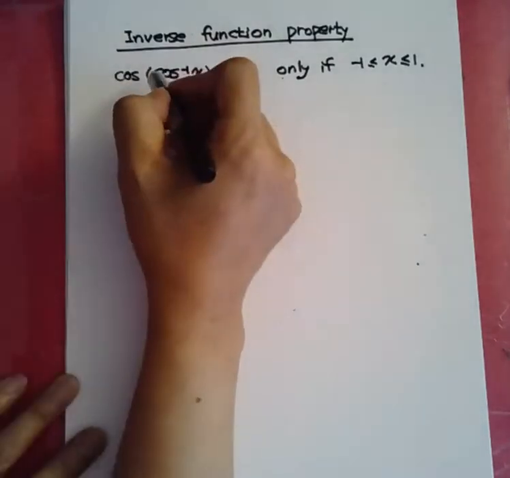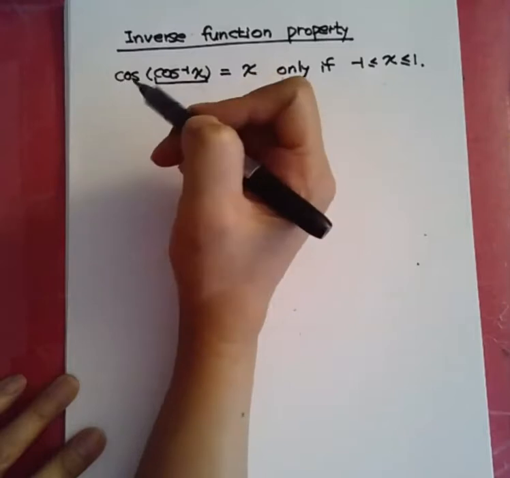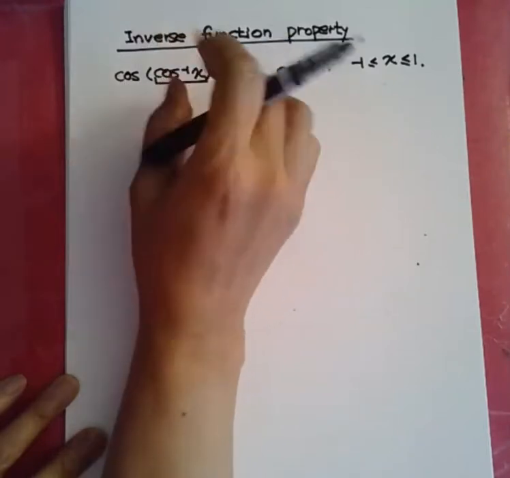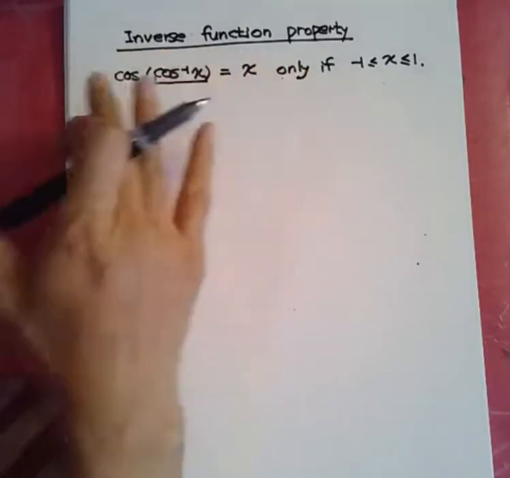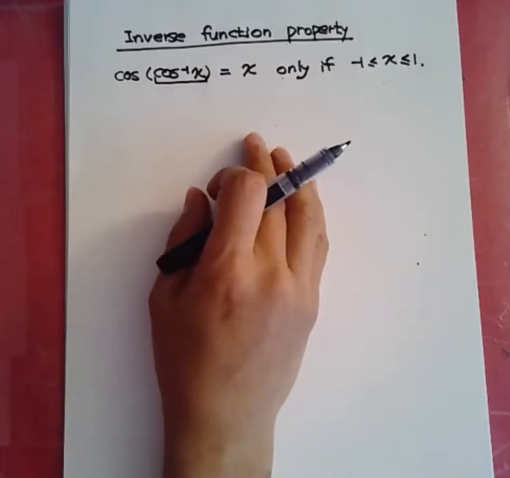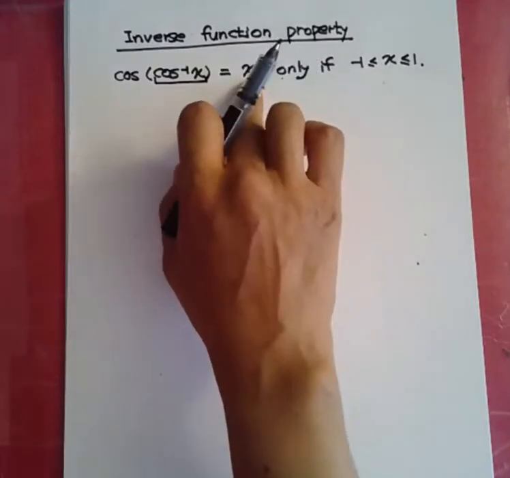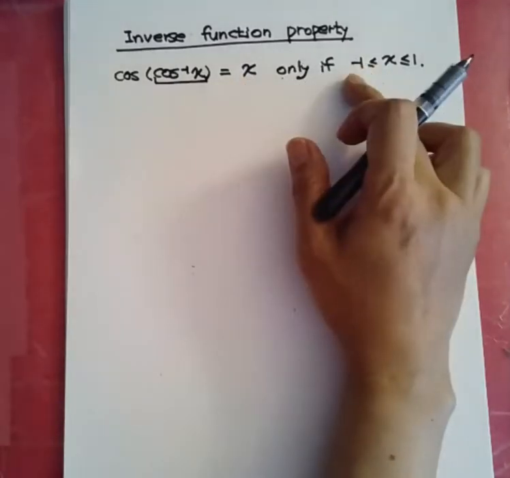This time the input is cosine inverse of x, which is the angle between 0 and pi, and the cosine of this input is x, meaning that is the cosine value. So this x must be in the range of cosine, which is from -1 to 1.